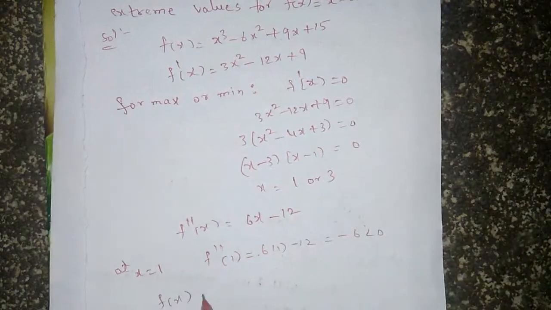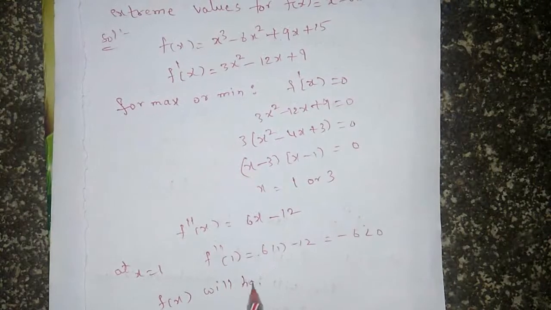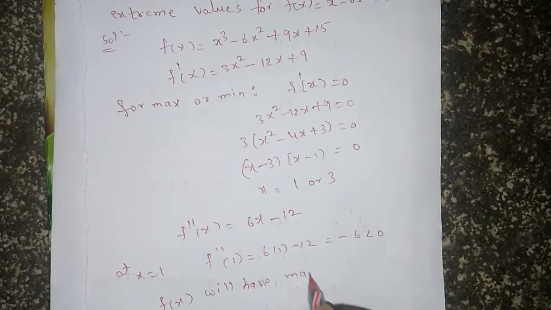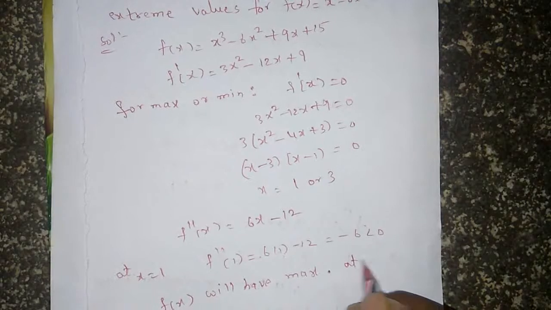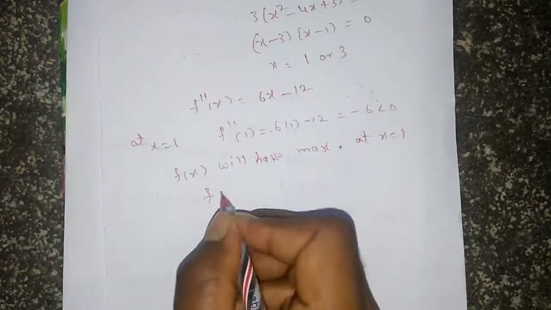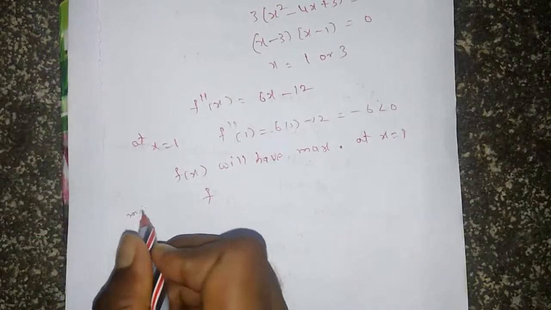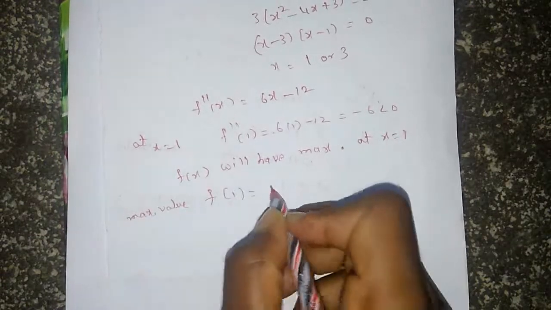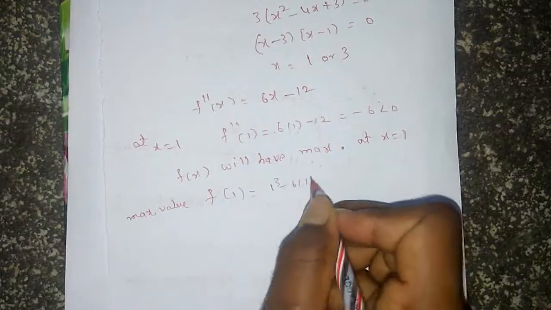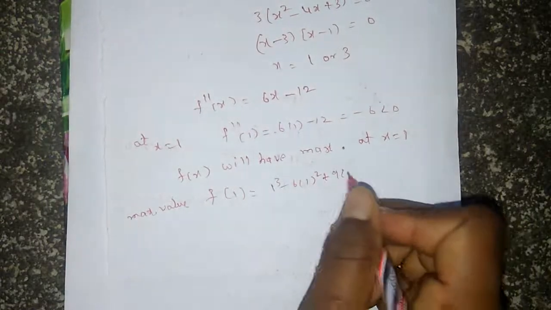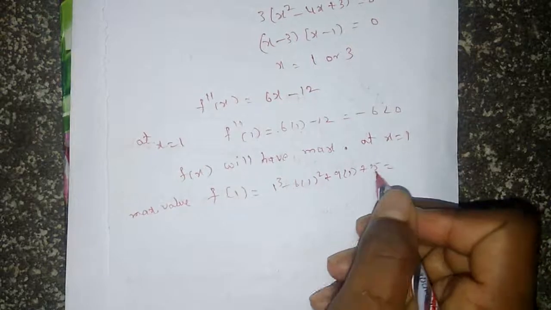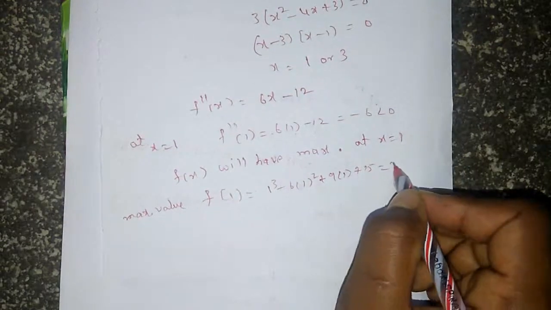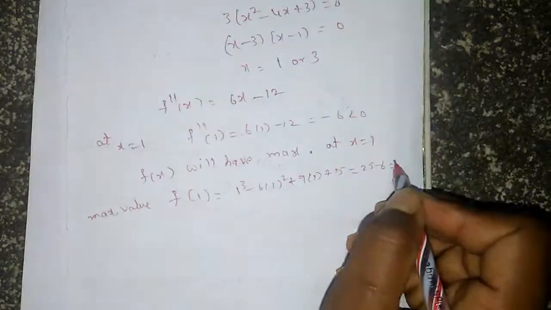Therefore f of x will have maximum at x is equal to 1, and the maximum value is f of 1 is equal to 1 cube minus 6 into 1 square plus 9 into 1 plus 15, 25 minus 6, that is equal to 19.